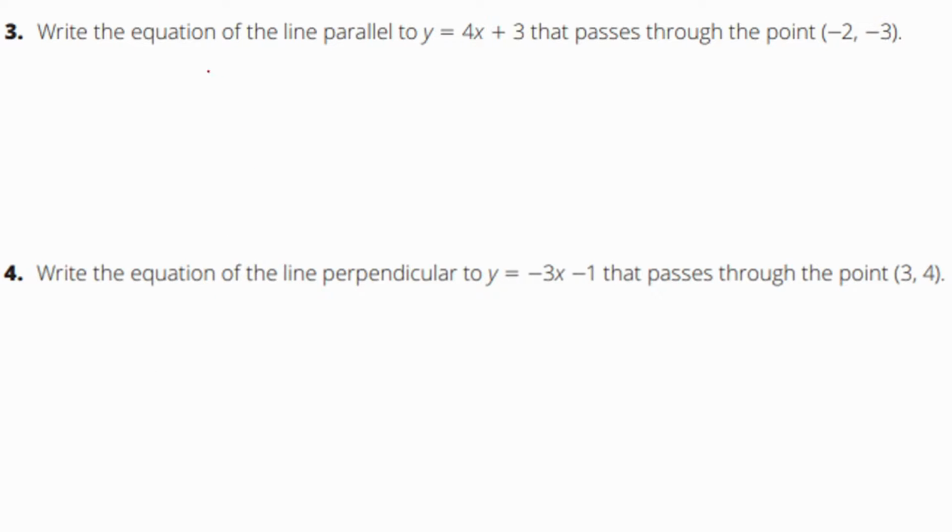Next up, it says write the equation of the line parallel to y equals 4x plus 3 that passes through point -2, -3. Well, what we need here is point slope form of a line.